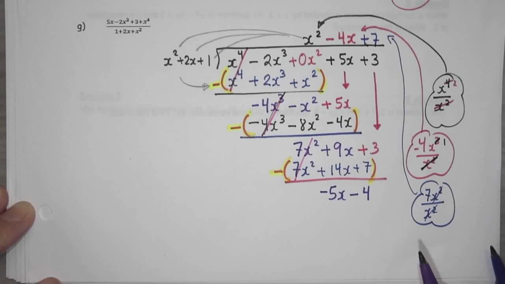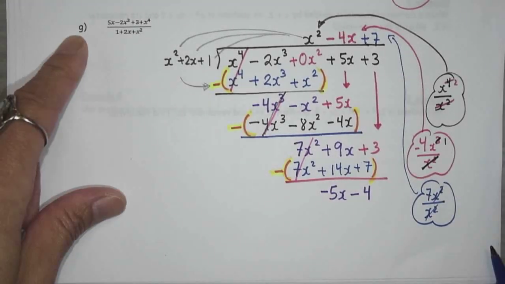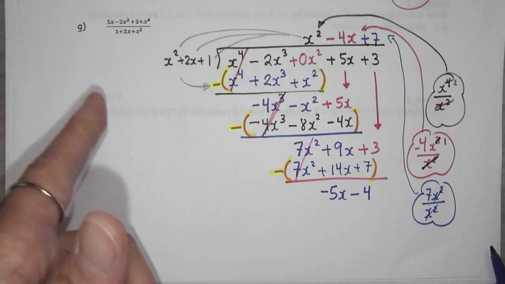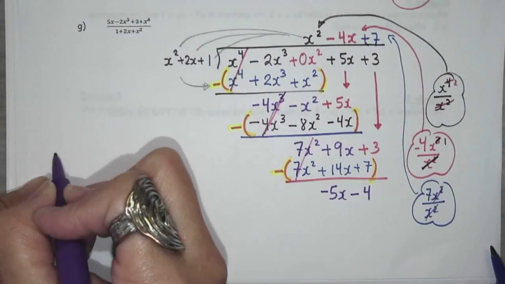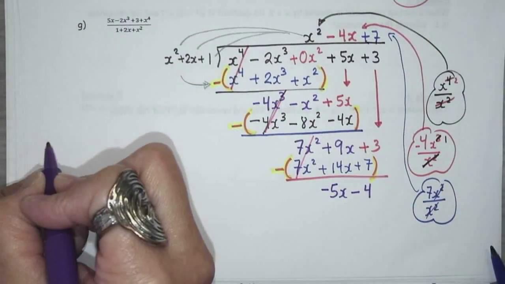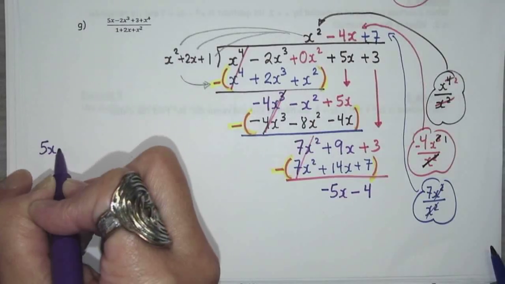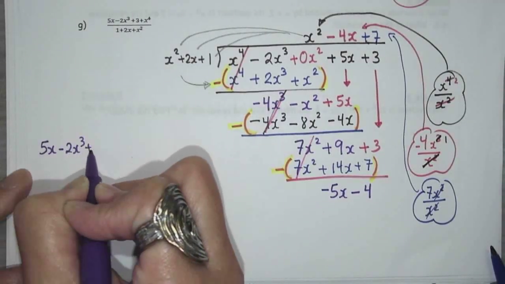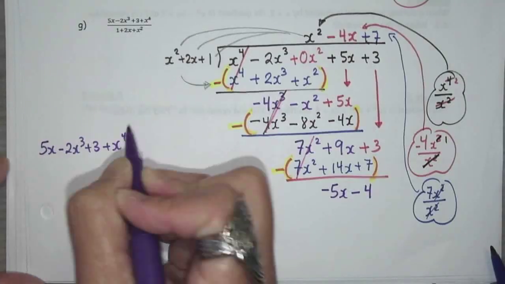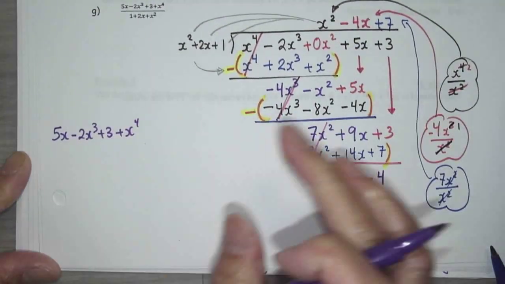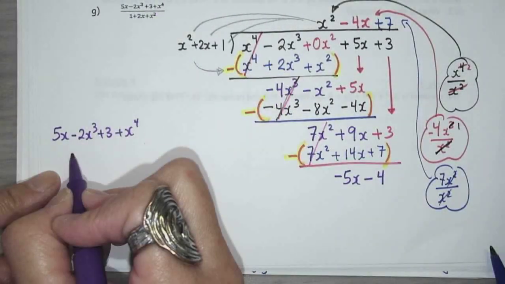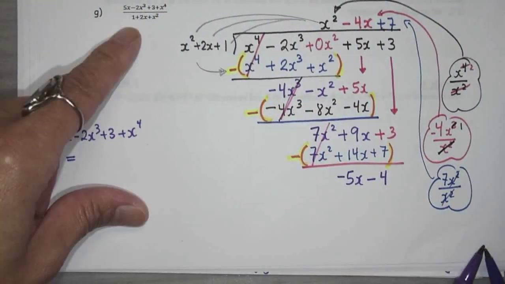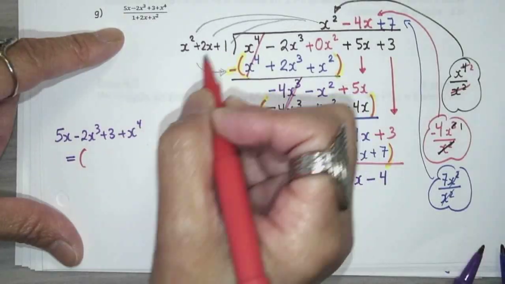If I ask you for the multiplication statement, say this question is part G of example 1, and it said to write it with the multiplication statement, so I'm just going to write it again. So the dividend, 5x minus 2x cubed plus 3 plus x to the fourth. I don't care which form you write it in. You don't have to replace the 0. You're just saying the beginning question equals the divisor, and I don't care which order you put it in.